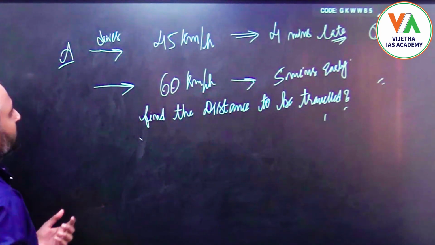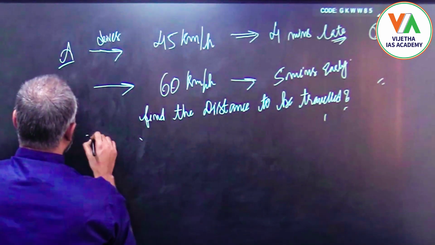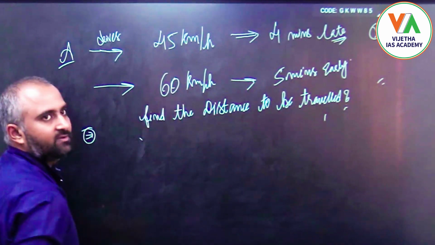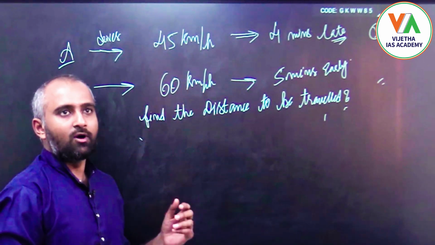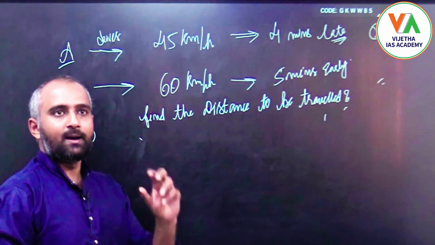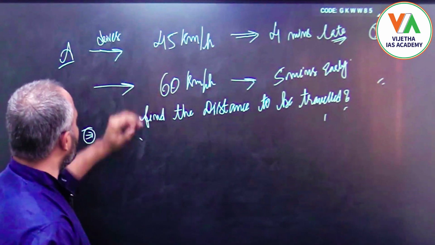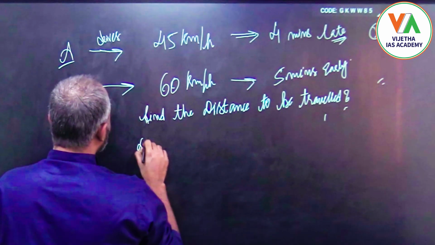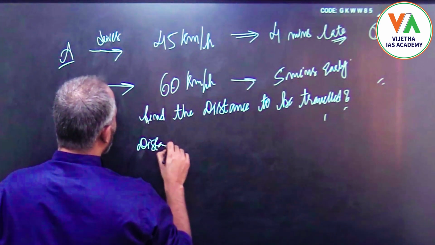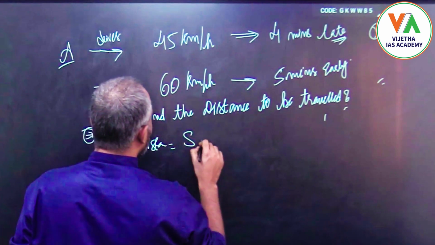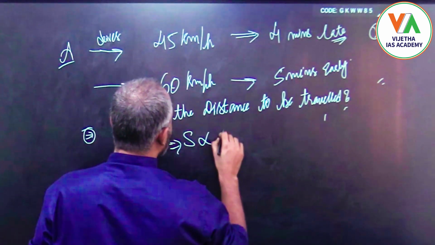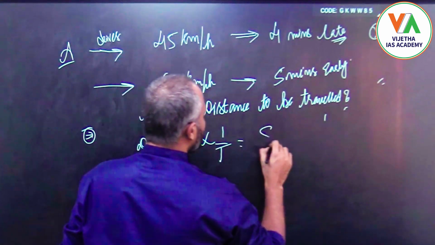Now, instead of thinking in silos, can we think of this as two ratios given? A ratio is a comparison between two similar quantities. Let's see. We know that distance is constant. When distance is constant, how can we write this?